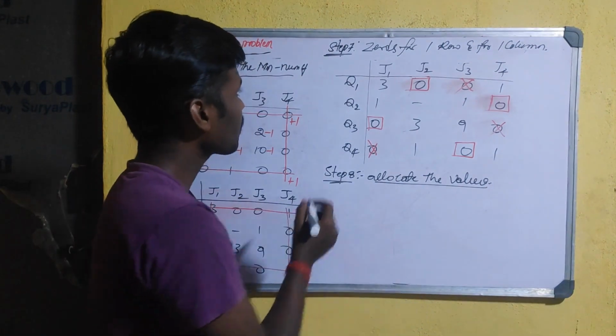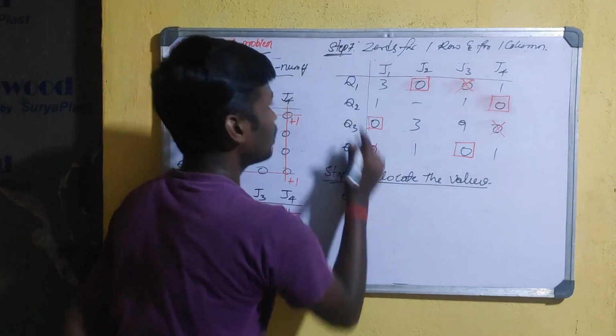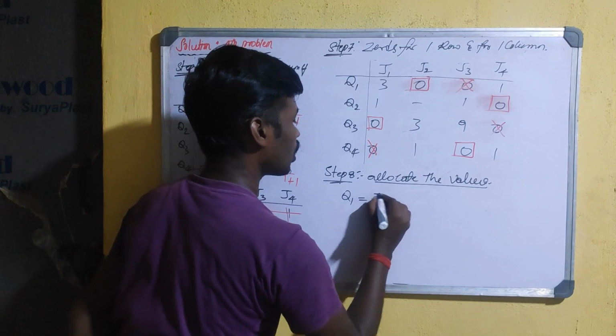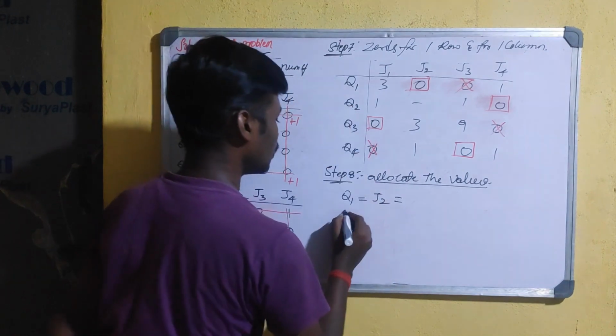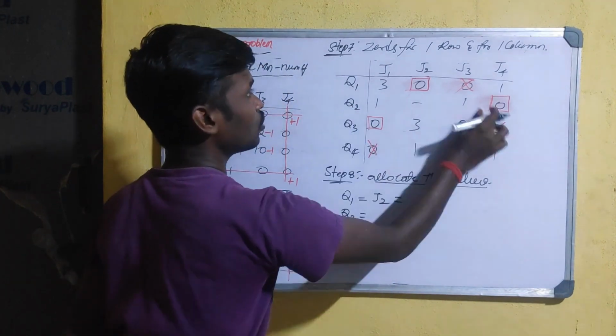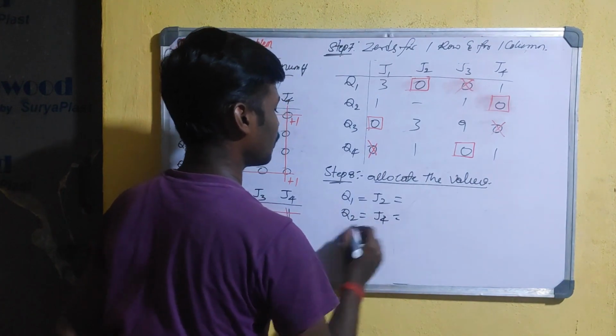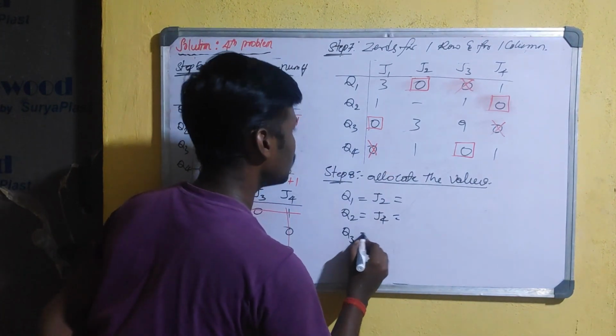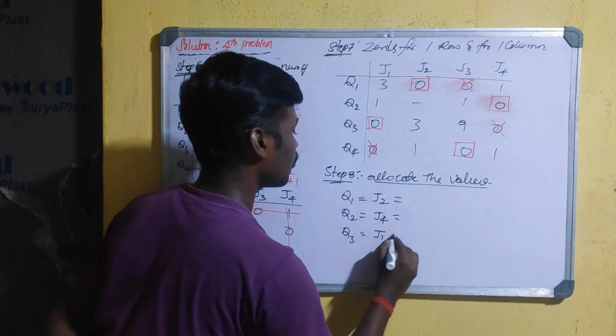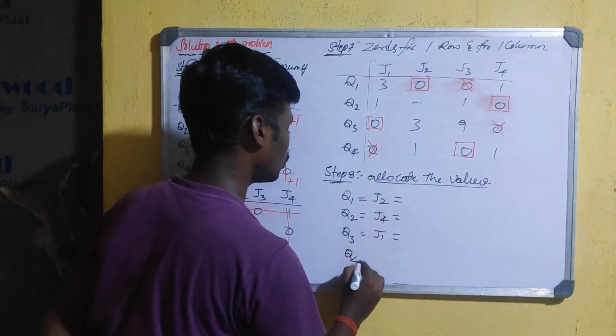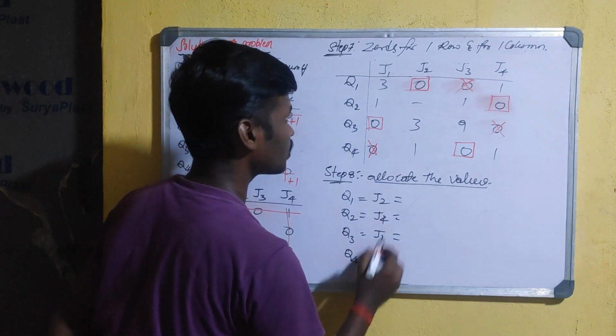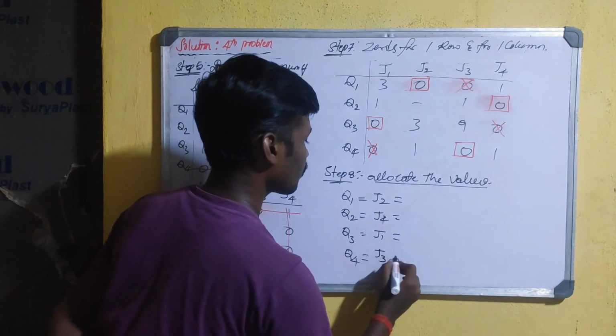Okay, see, Q1 is allocated to job 2. Next, Q2 is allocated to job 4. Next, Q3 is allocated to job 1. Next, Q4 operator is allocated to job 3.